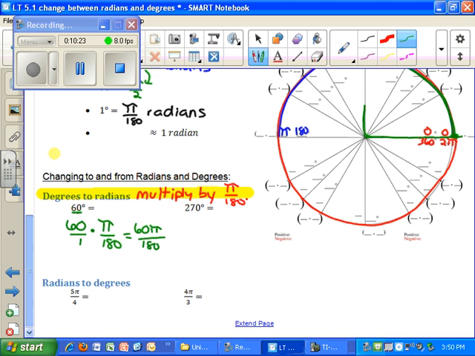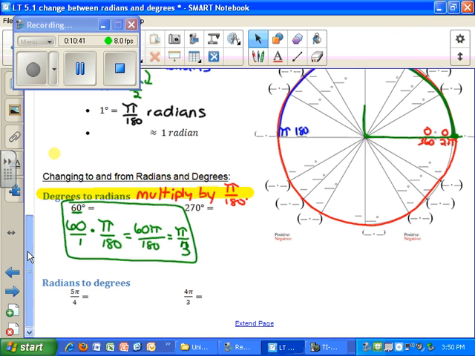And we can simplify 60 over 180 as 1/3, or pi over 3. So we've got 1/3 pi, which we can write as pi over 3. Okay. We can do the same thing with 270 degrees. We will take that 270 degrees and we are going to multiply it by pi over 180.